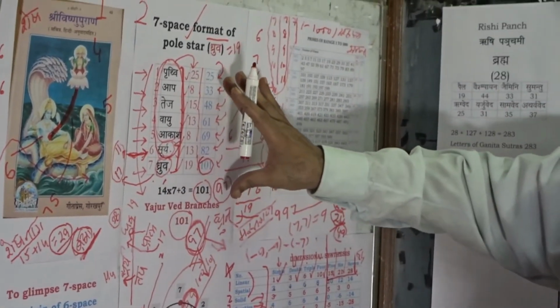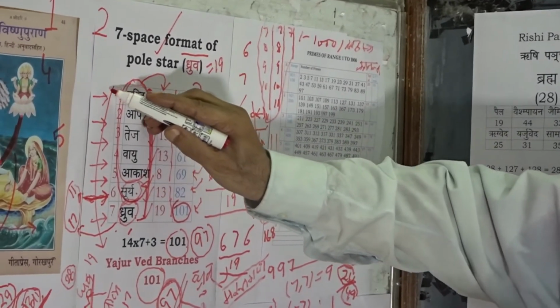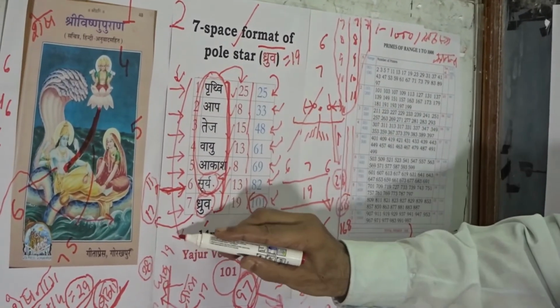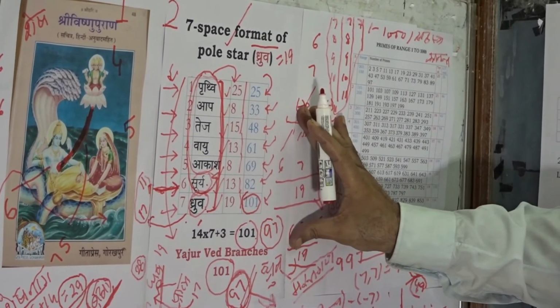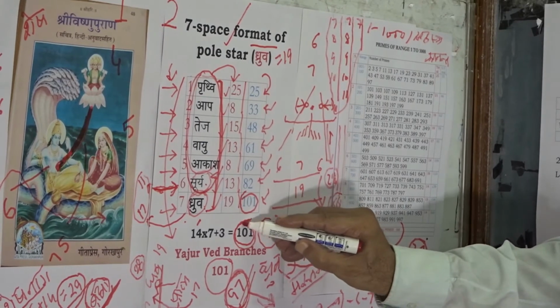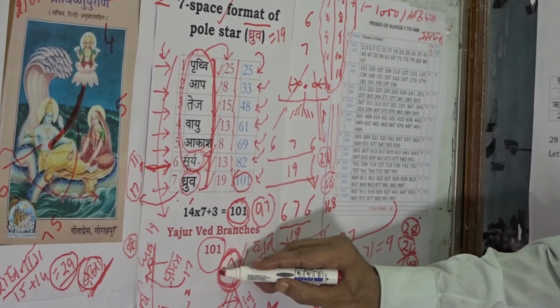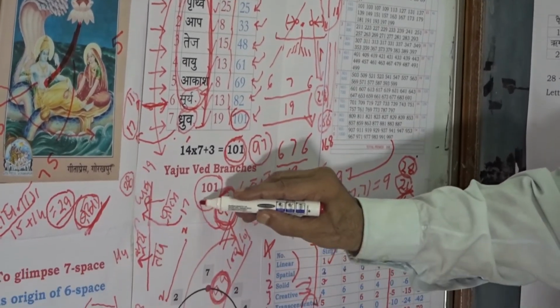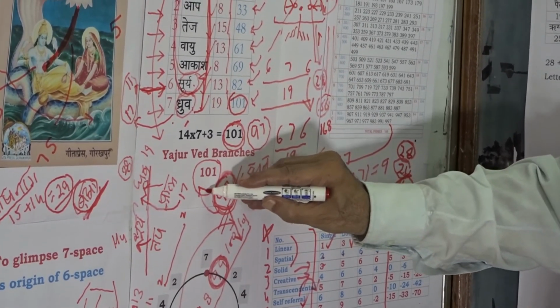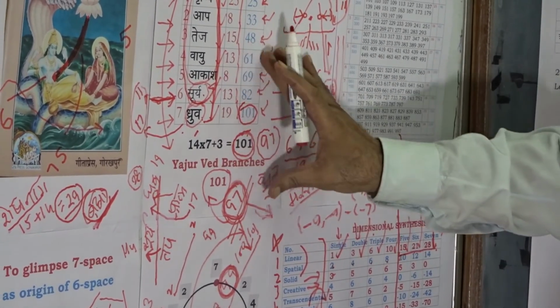The second tabulation is of a reach in 7 steps from Prithvi, the earth element, to pole star, and this reach is of 101 steps, and when disintegrated it remains values 97, and value 97 to value 101 is the transcendence range of hypercube 99 and all connected aspects.